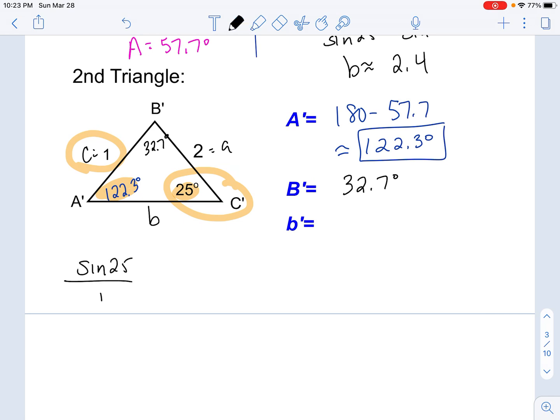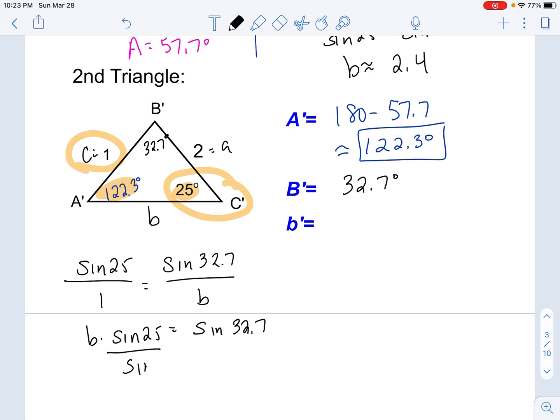So it's sine of C, or 25, over 1. And then if we use b, it's sine of 32.7 over little b. Cross multiply, I get b times sine of 25 equals sine of 32.7.